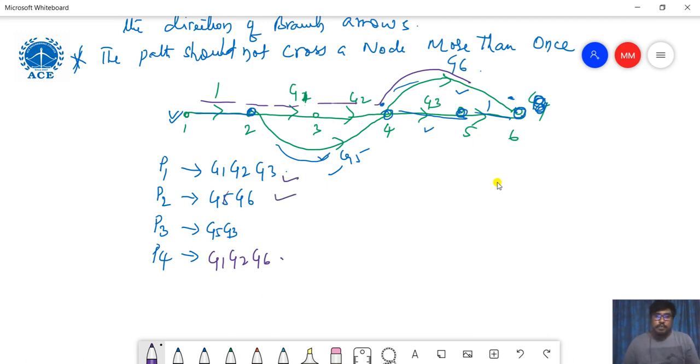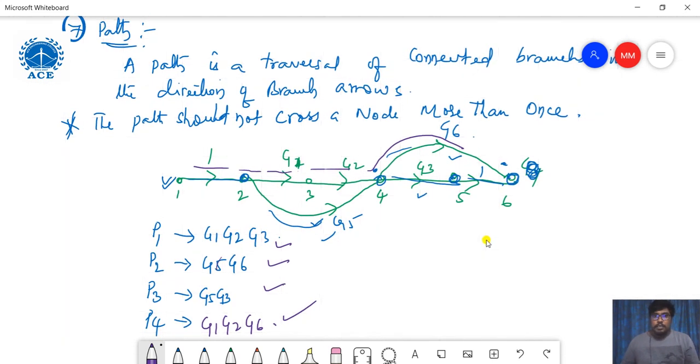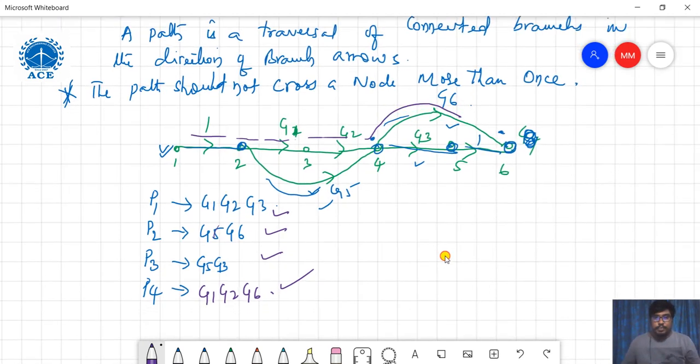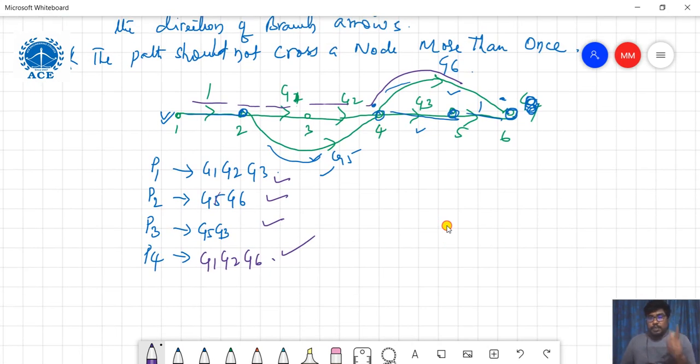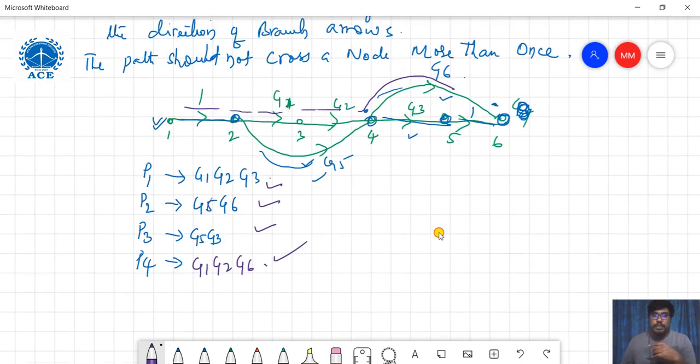Understood my point? A path is a traversal of connected branches in the direction of branch arrows, and we have a condition: the path should not cross a node more than once. This is important. If we cross a node more than once, we should not call it a path.